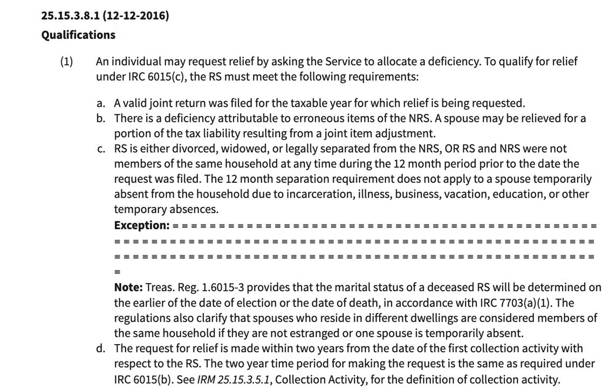So this might be a request that you file on a joint tax return you filed even though you eventually got divorced, or if your spouse died, you can request relief. This 12-month separation requirement does not apply to a spouse that's temporarily absent because of incarceration, illness, business, vacation, or other temporary absences.